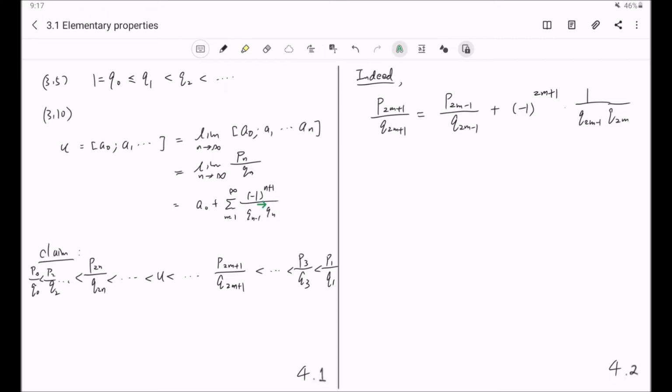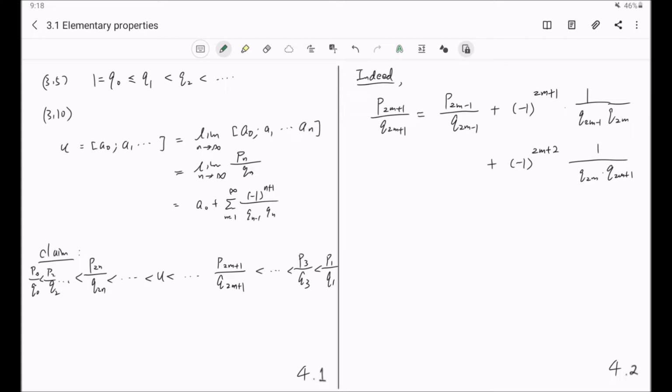You can also look at here, plus one more term, negative 1 raised to the power 2m plus 2 times 1 over Q sub 2m times Q sub 2m plus 1.